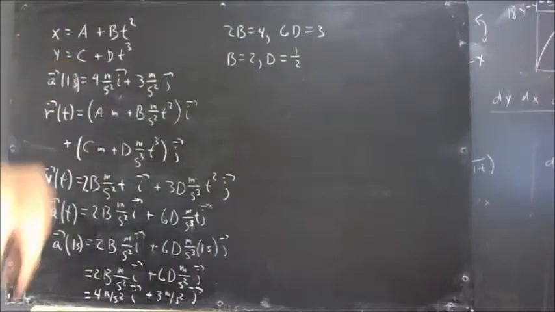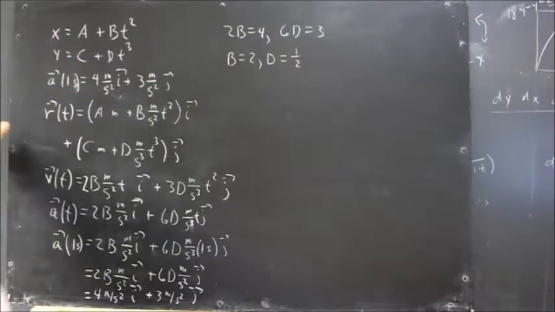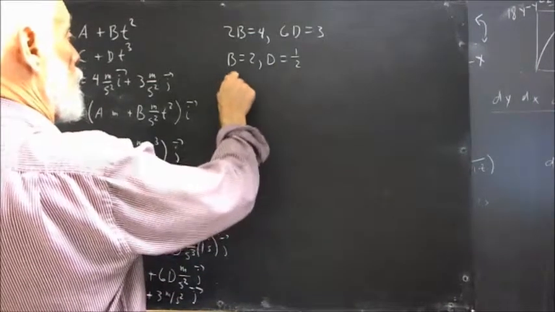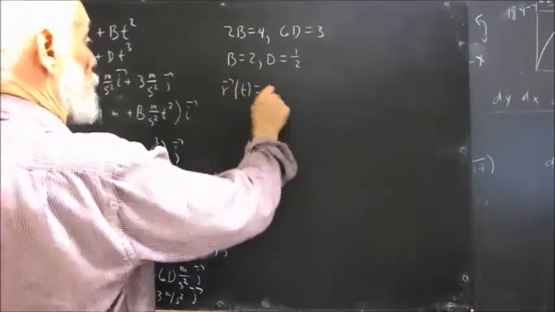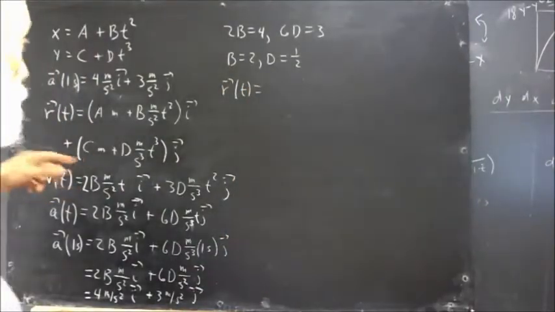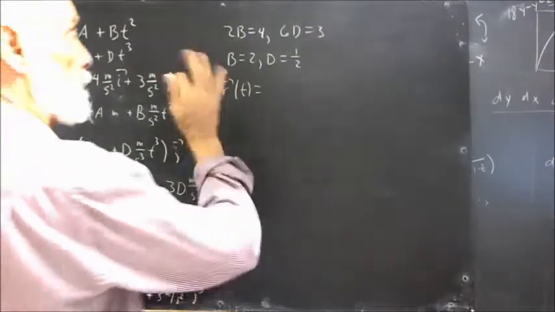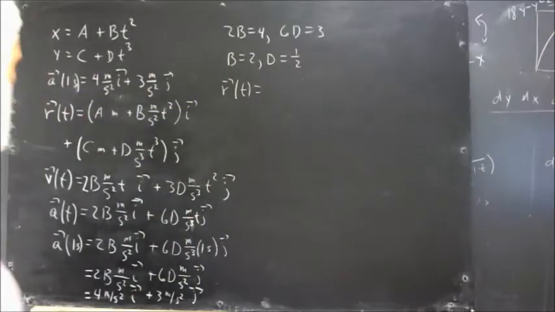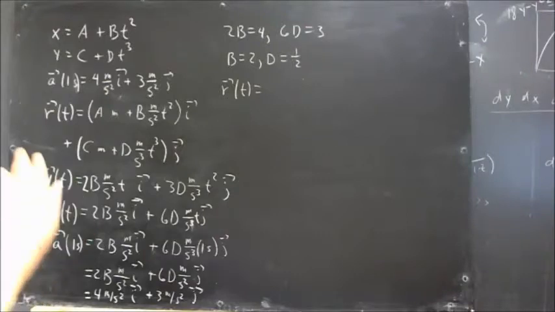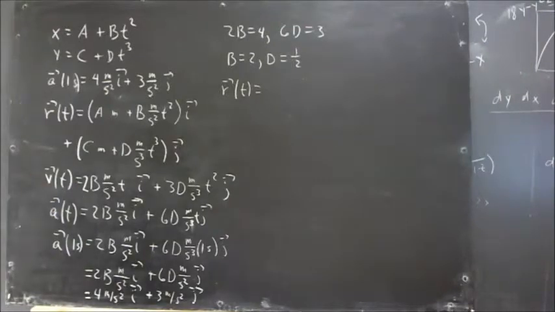And now we can write our x and y functions, or our r of t vector. Let's just write it that way. Our r of t vector then is... we've got more conditions.